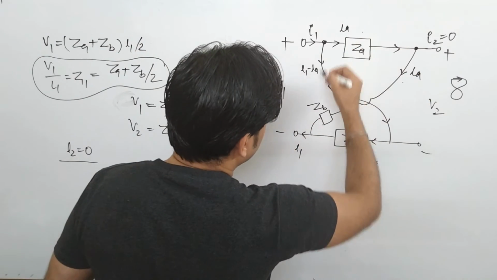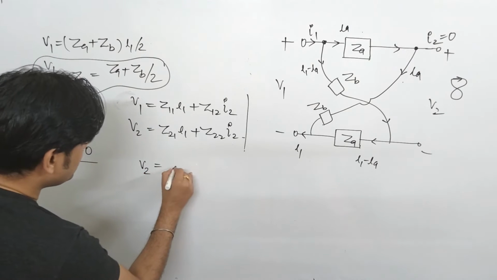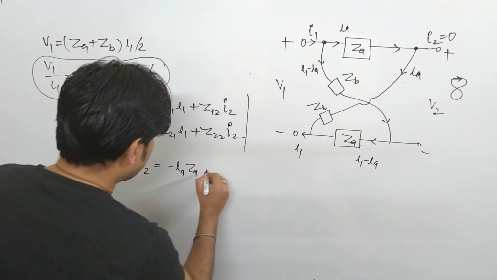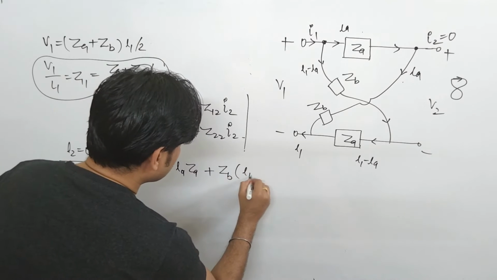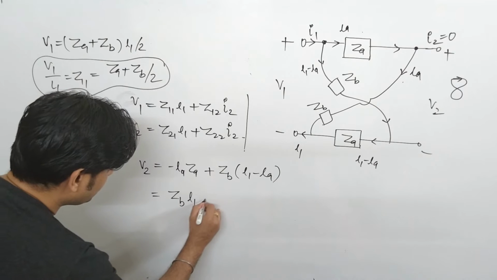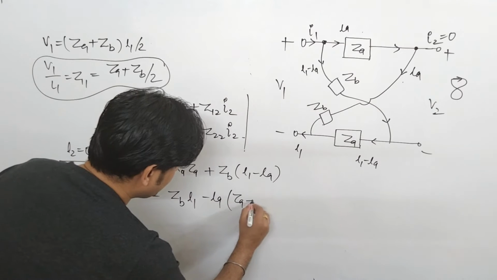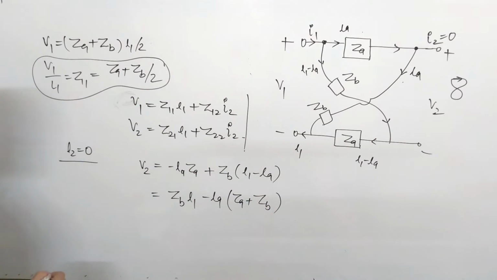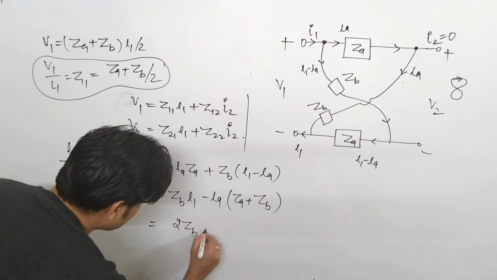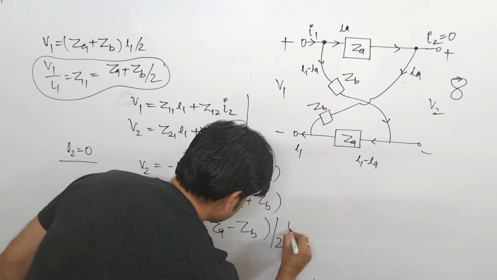So if I take this as our loop, V2 is equal to minus IA ZA plus ZB into I1 minus IA. You take ZA plus ZB as common. The value of IA is I1 by 2. Simply put that value, so that comes to be 2ZB minus ZA minus ZB whole upon 2 into I1.